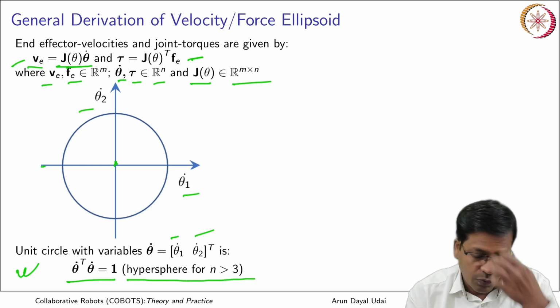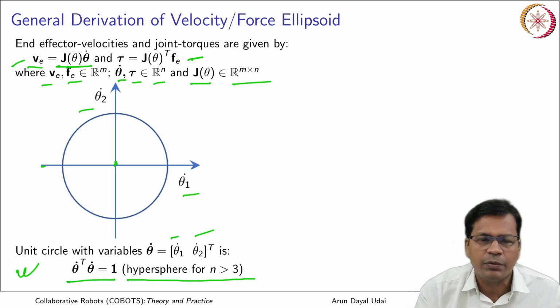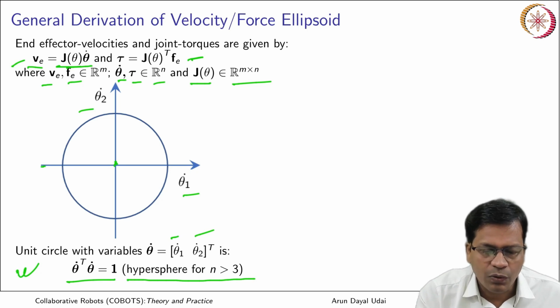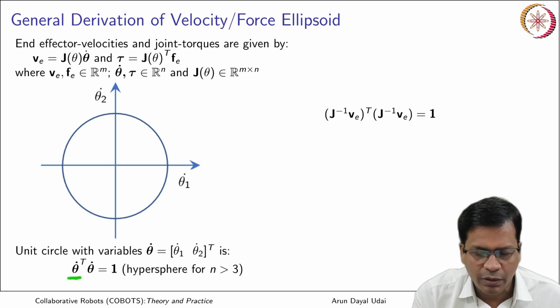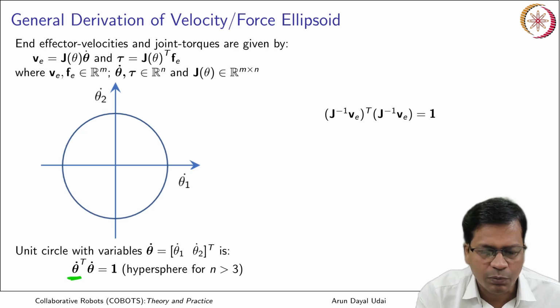Okay. So with this, now let us check this. If you substitute theta dot from here, in case of the velocity ellipsoid I want to find out, it should be J inverse of VE that would give me theta dot.